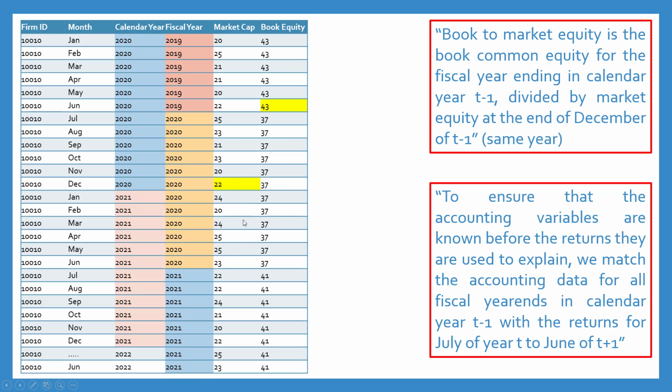Rather, we should wait at least 6 months, so that we can make sure that this information is available to the investor, and we should form portfolios in July, and then from July till June of next year, that is T+1. So 2020 becomes T-1, 2021 becomes T, and 2022 becomes T+1. From July of T till June of T+1, this is the portfolio holding period, and this is where we would take these values and divide them, and we would form the portfolios.